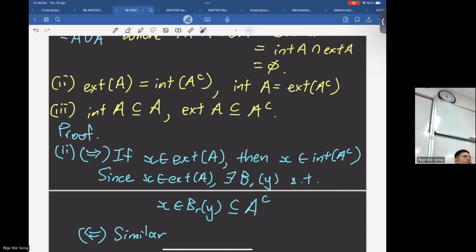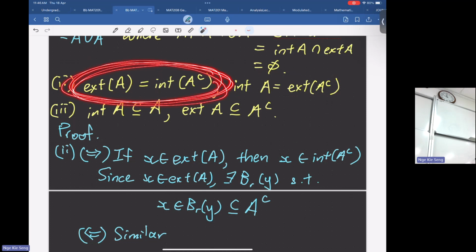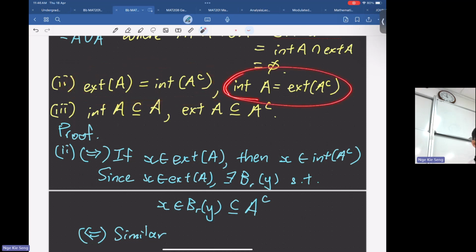Once you have exterior of A equals interior of A complement, you can deduce that interior of A equals exterior of A complement. You know how?